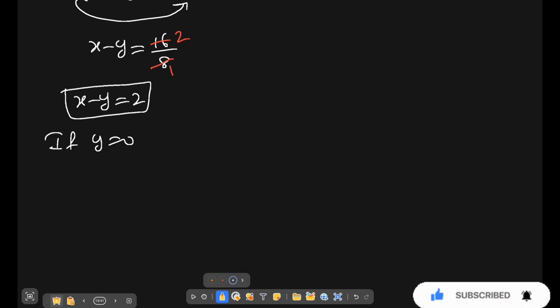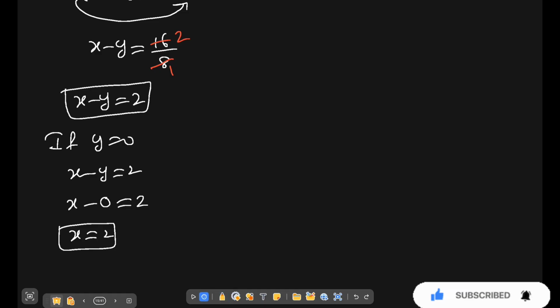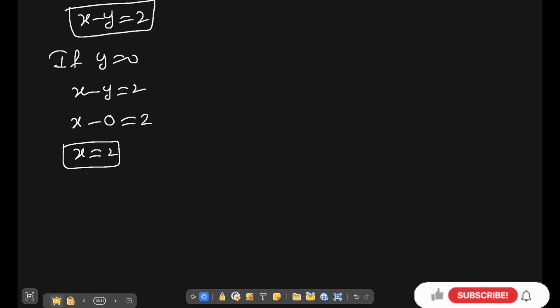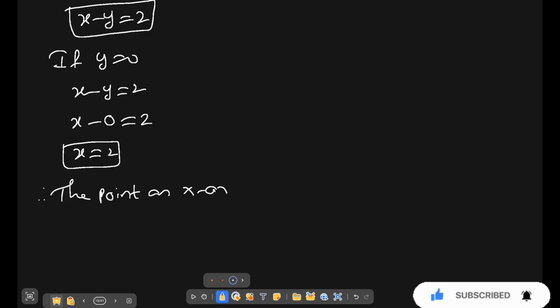Then what is the x value here? x minus y is equals to 2. x minus 0 is equals to 2. So x equals to 2. Therefore, the point on x-axis is 2 comma 0: x coordinate 2 and y coordinate 0.